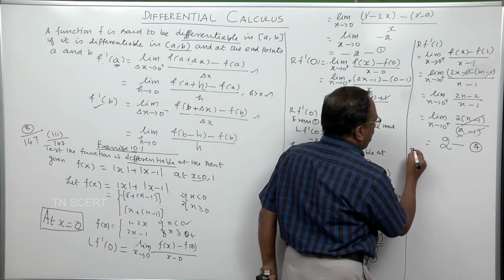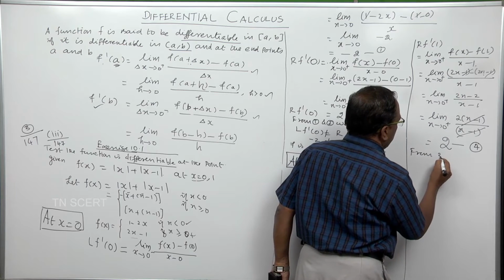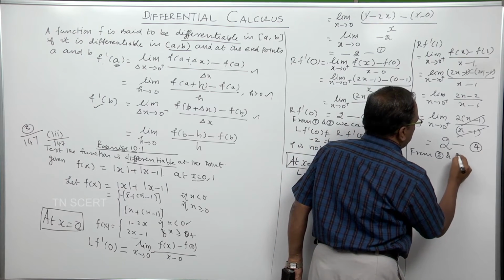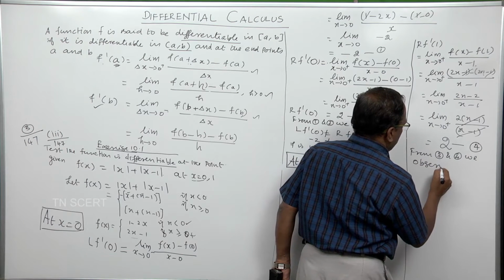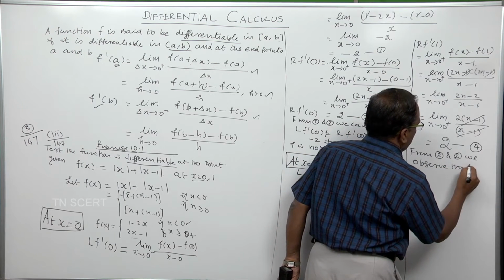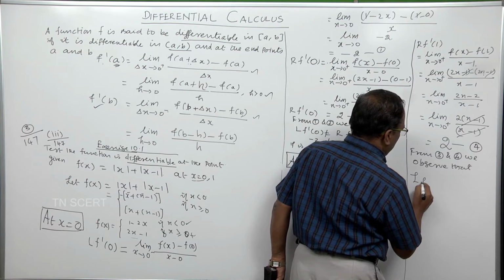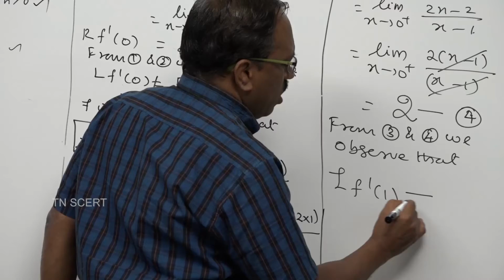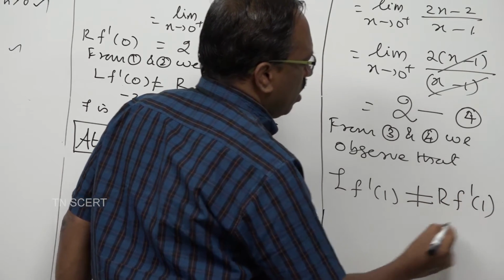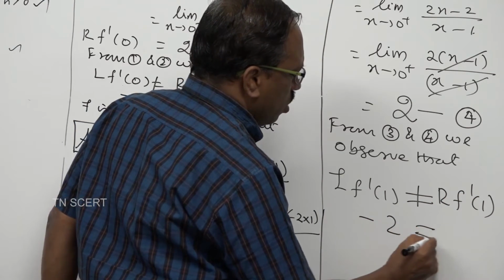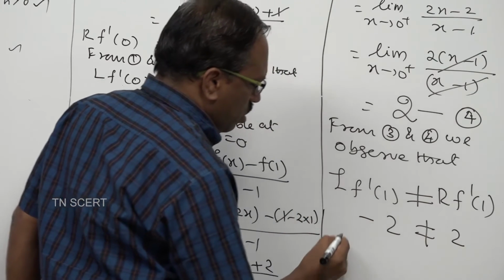So, from 3 and 4 we observe that L of f dash of 1 is not equal to R of f dash of 1, because minus 2 is not equal to plus 2.